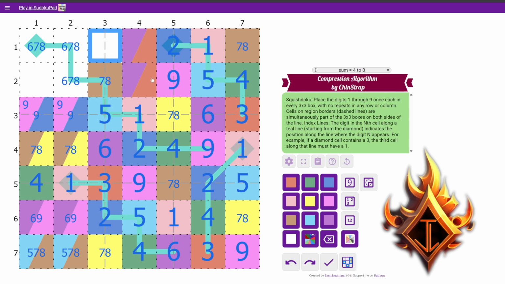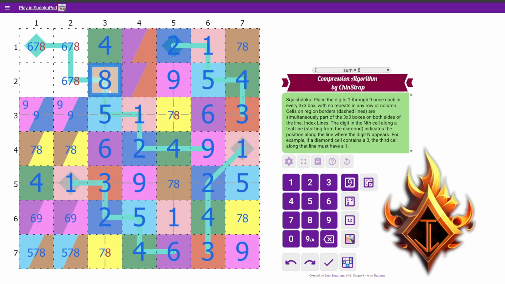And the last color is green. So that'll be 4. That'll be 7, 8. There'll be a 3 there somewhere. And, oh, the fourth digit is 8. Okay, now we have our browns. And our yellows as well.